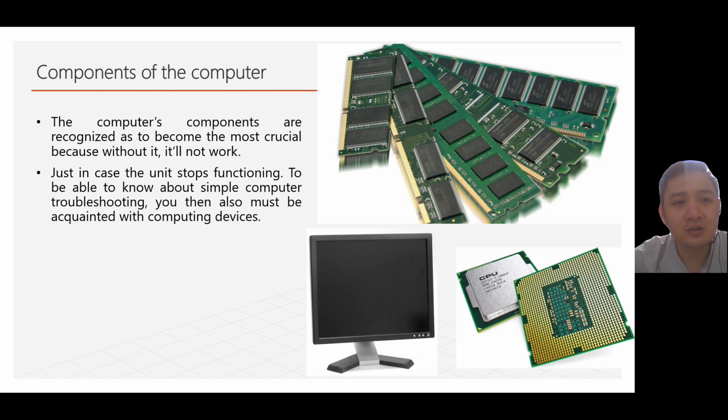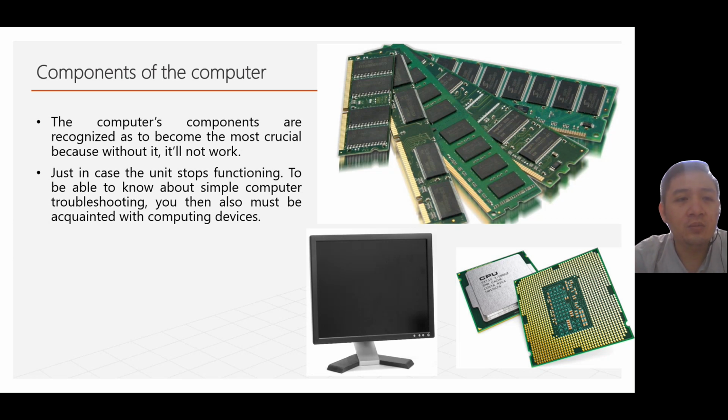Now for our next topic, we'll discuss the concept of components of computers. We mentioned a while ago that we need a machine to convert, organize, and transform our raw ingredients, which are data, into meaningful information. And this particular machine has its own components.